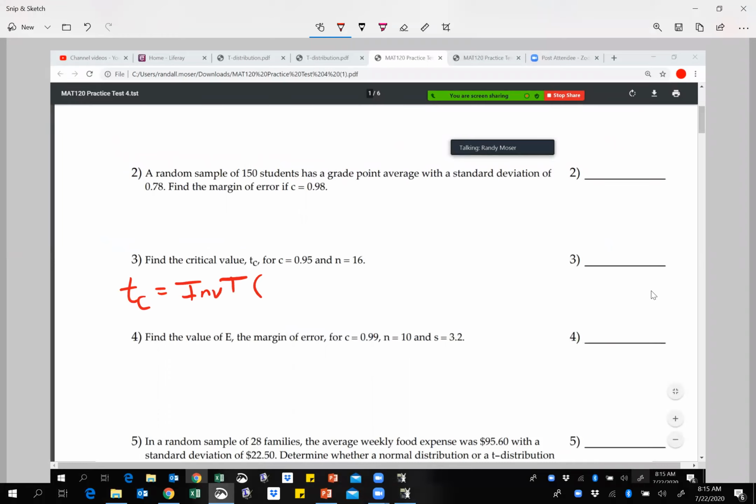We still need the cumulative area, which is the area to the left. And just like for the inverse normal, that's going to be your 1 minus C divided by 2. The second input, and this is very important, that it needs is the degrees of freedom. The degrees of freedom is 1 less than your sample size.